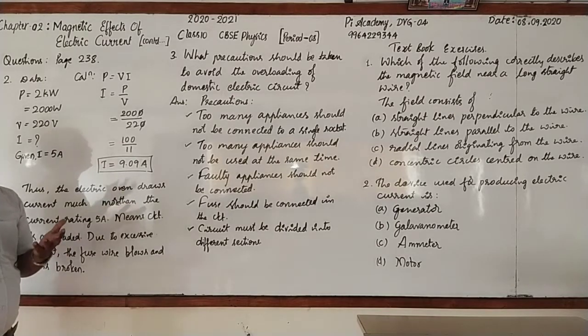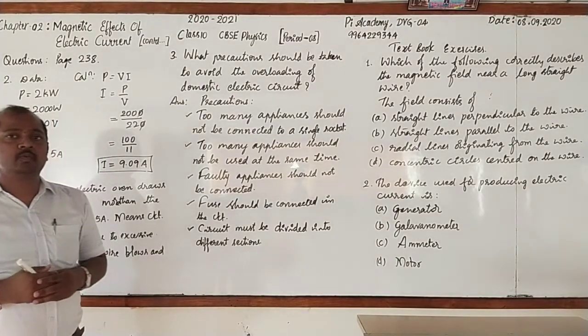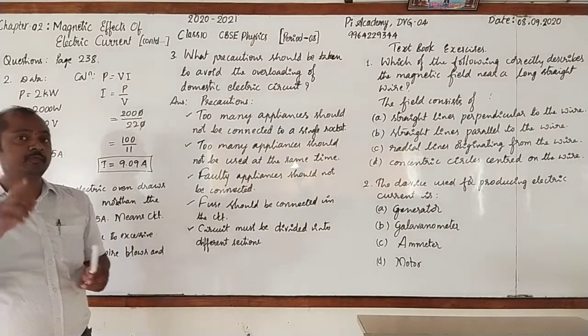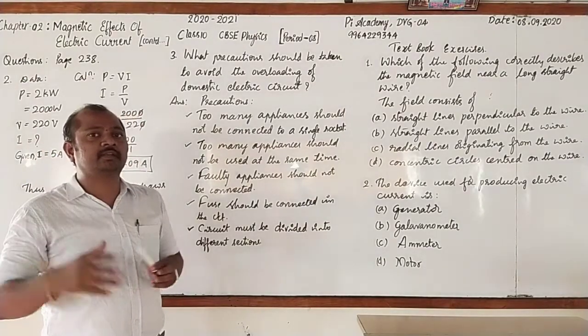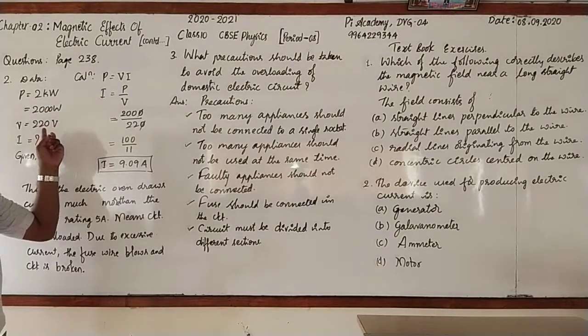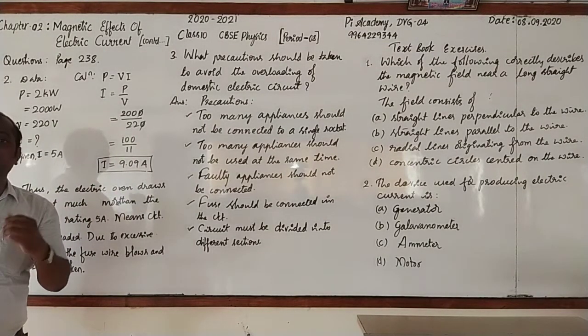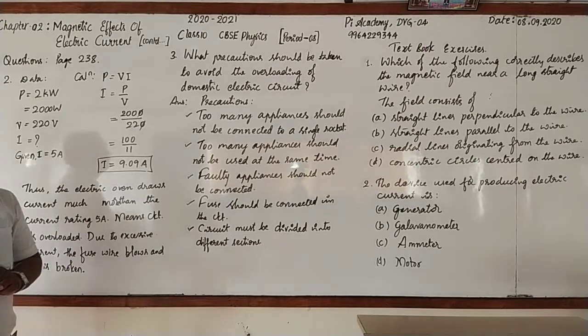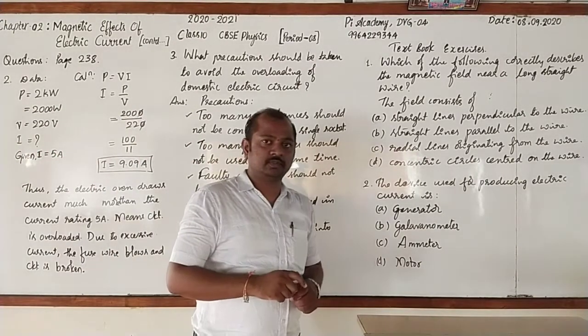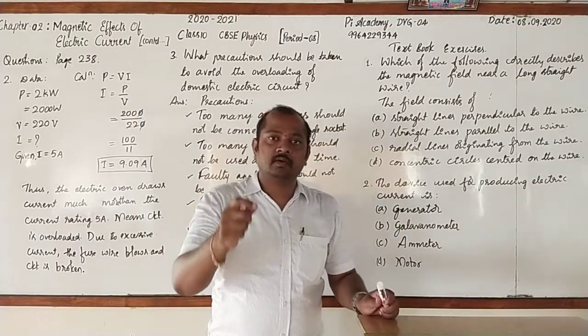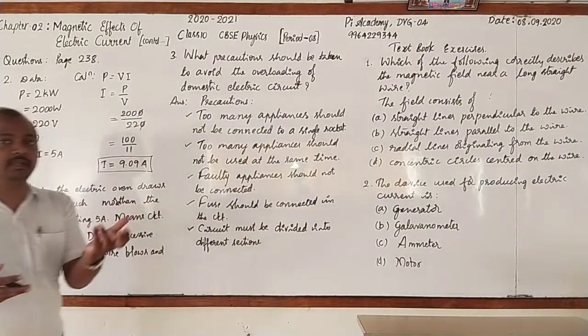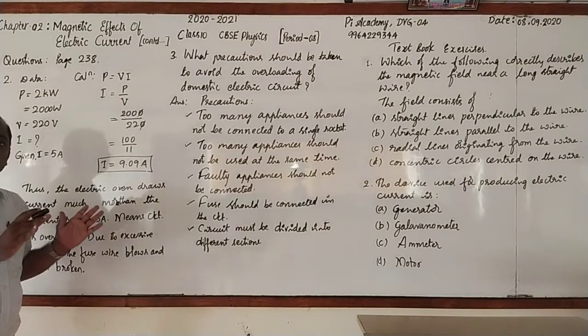When it is overloaded, what may happen? If the proper fuse is not connected, then the oven gets damaged. There may even be a chance of short circuiting as well. If a proper rating fuse is used, then the wire in the fuse gets melted. Hence, the circuit is broken.